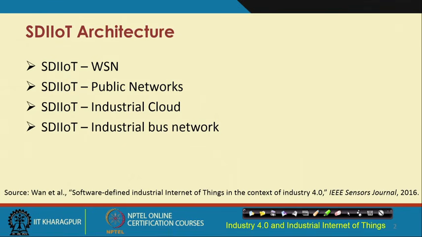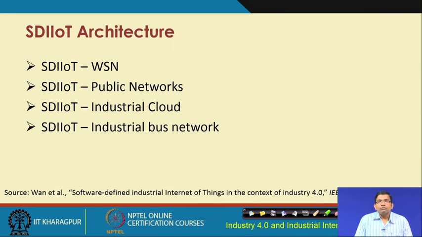So, if we are talking about SDIIoT, we have different types of networks. The traditional networks like your internet, public networks, sensor networks which are more specific to IIoT, and you also have the cloud, particularly industry grade cloud, and industrial traditional bus networks connecting different sensors at the device layer and so on.